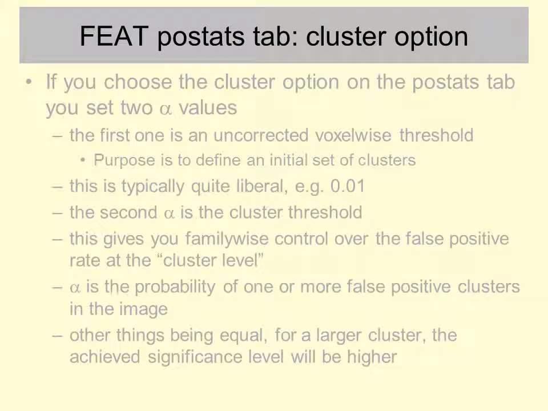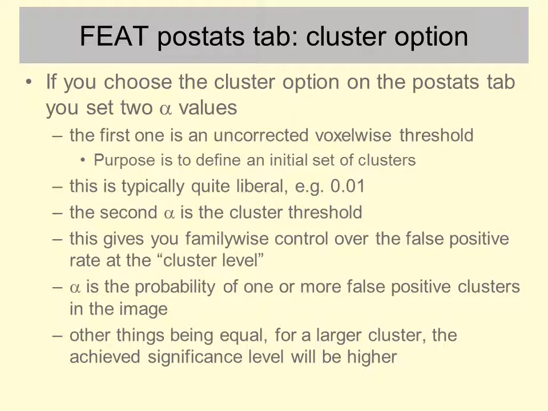Right, if you choose the cluster option, then you will actually set 2 alpha values. And in my experience, most people who use this method of thresholding actually don't know what those 2 alpha values mean. So let's take a moment to look at this. The first alpha value is just an uncorrected for multiple comparisons voxel-wise threshold.